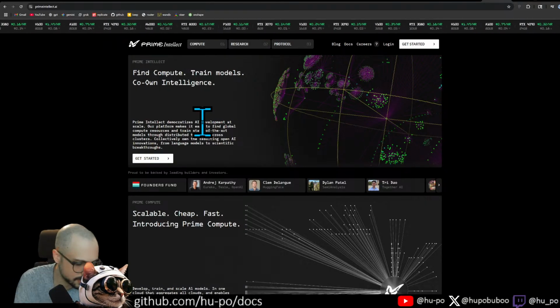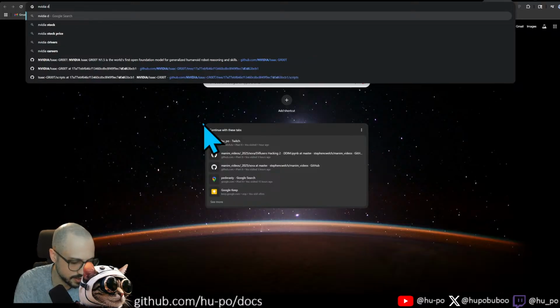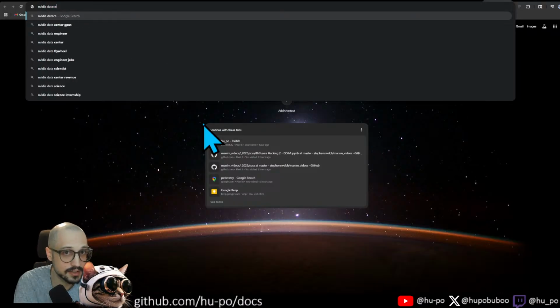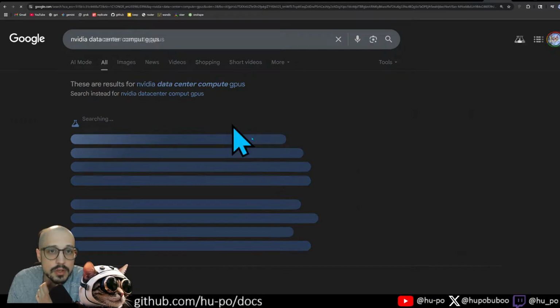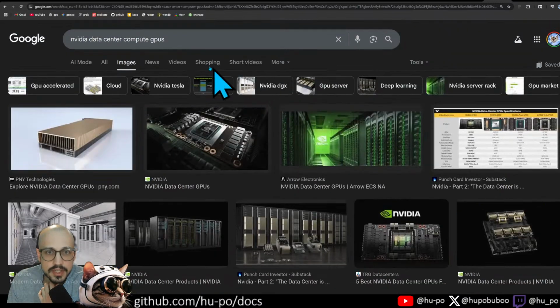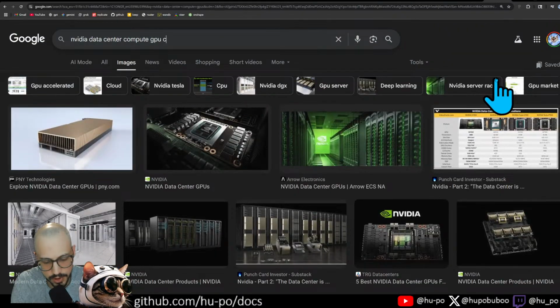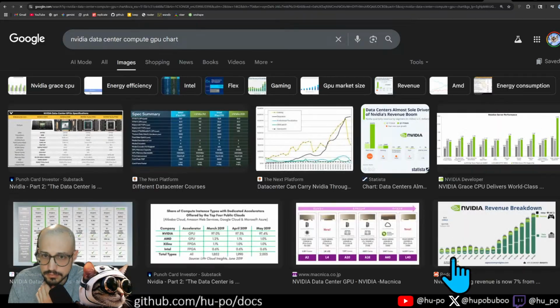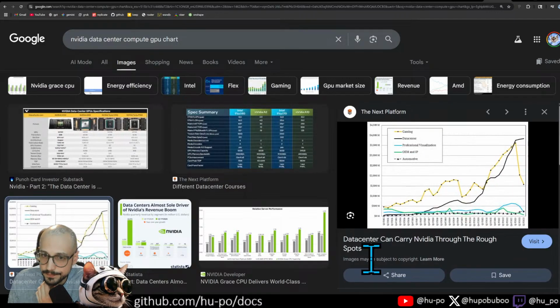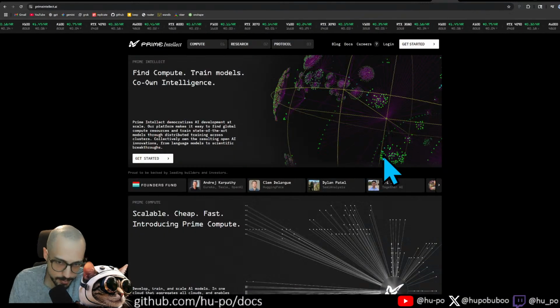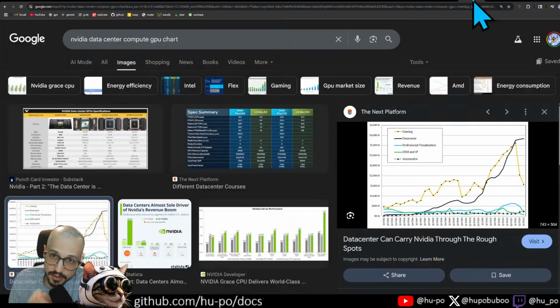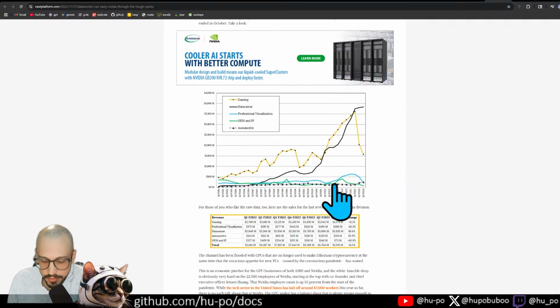Because here's the NVIDIA data center compute GPU chart. Look at this. Okay. So why is Prime Intellect secretly fucked? They're secretly fucked because of this chart right here, right?